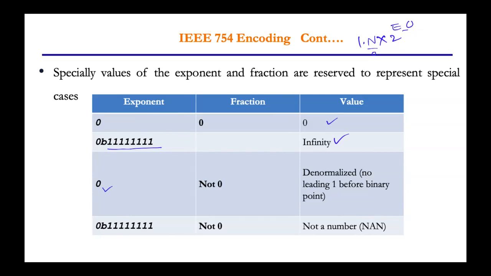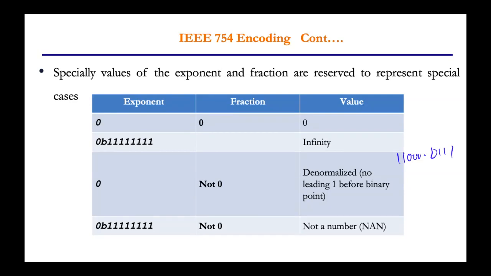If the exponent is 0 and your fraction is not 0, then it is a denormalized number. So there is no leading one before the binary point. If it is 1, 1, 0, 0, 0 dot 0, 1, 1, 1, 1, it is not denormalized.